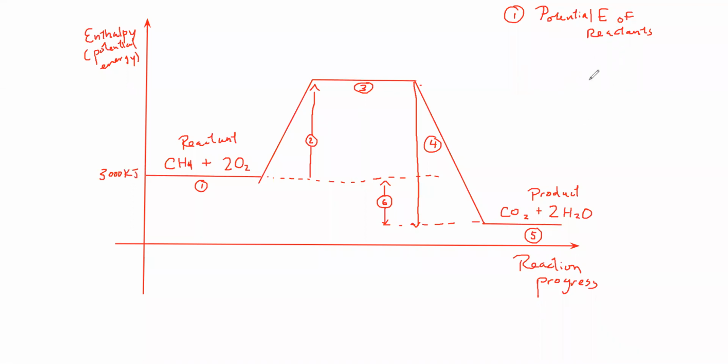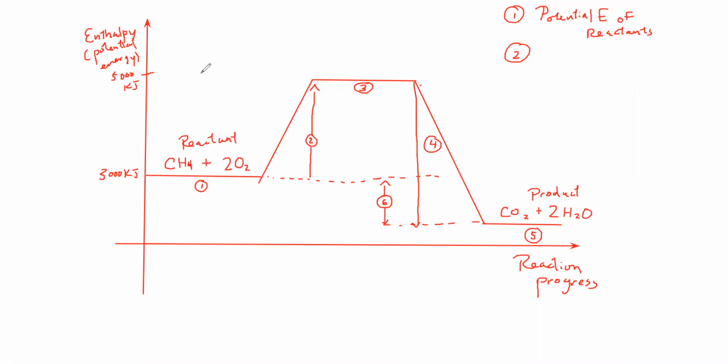And you'll notice that at number 2, there's a big jump from 3,000 to, let's say, all the way up here to 6,000, just to make our lives, let's go 5,000. Doesn't have to be to scale. 5,000 kilojoules.